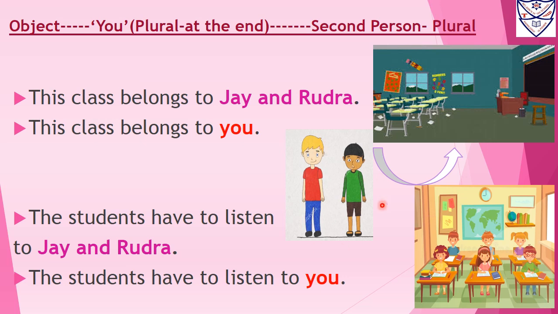So again, how will I say to them? The students have to listen to you. Here I am directly talking to Jay and Rudra. So I will use you for singular as well as for plural. When I am talking to one person, at that time I will use you. If I am talking to two persons or more than two, then also I will use the word you. Let's see some more examples.